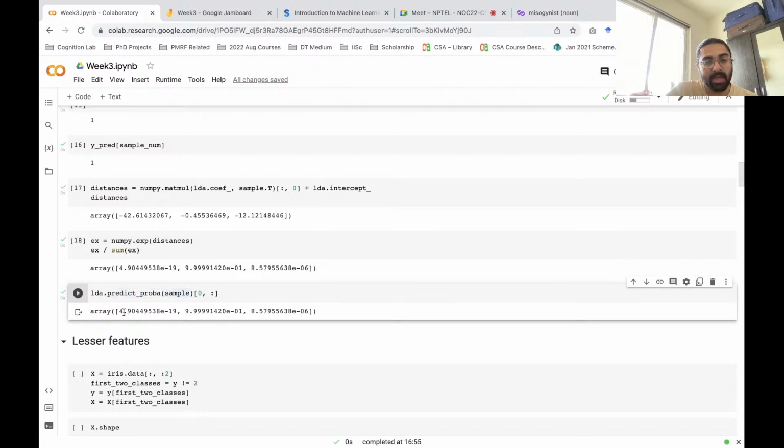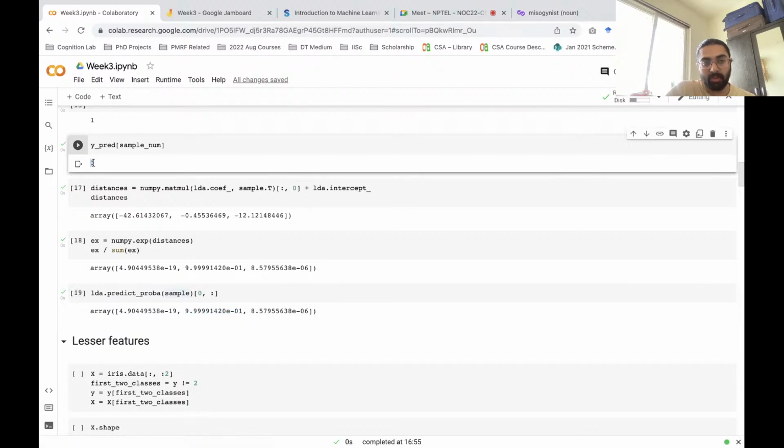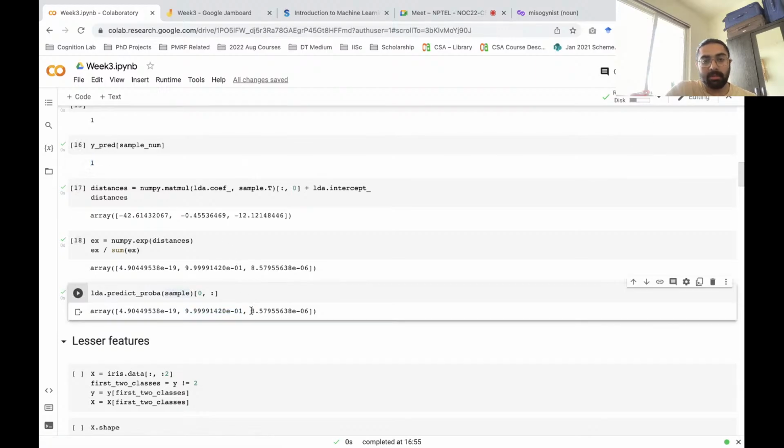If you see here, 4.9 times e power minus 19, which is very low probability of belonging to class 0, very high probability of belonging to class 1, hence it is predicted to be 1, and again a medium probability of belonging to class 2.